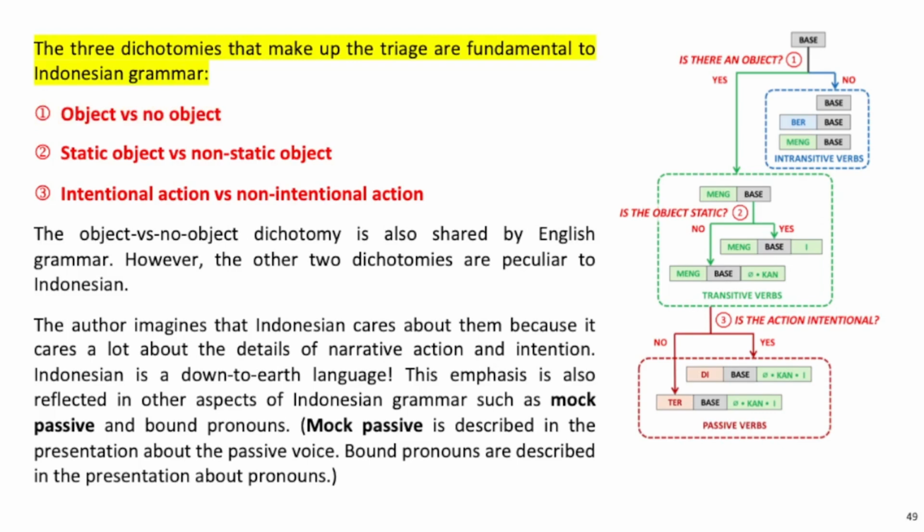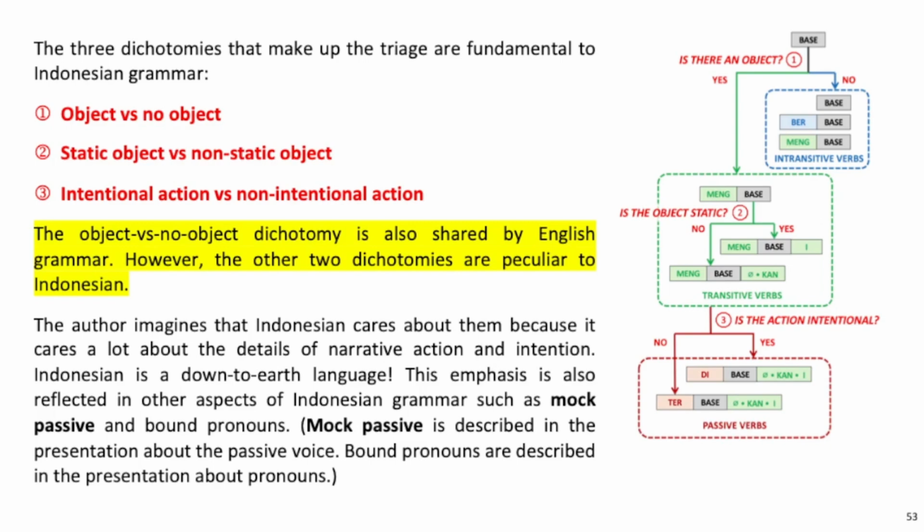The three dichotomies that make up the triage are fundamental to Indonesian grammar. Object versus no object, static object versus non-static object, intentional action versus non-intentional action. The object versus no object dichotomy is also shared by English grammar.